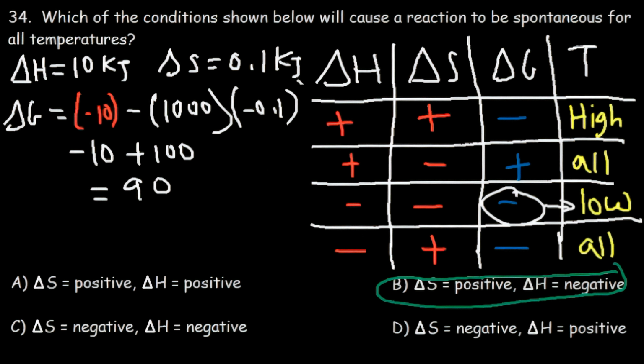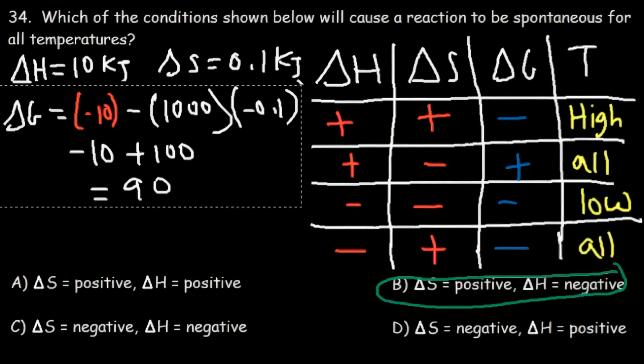We need to confirm that it's negative under low temperature conditions. So notice that it didn't say all. On the table, because it says negative at low temperature conditions, that means that it's positive at high temperature conditions. It's the opposite. So now, let's try a low temperature.